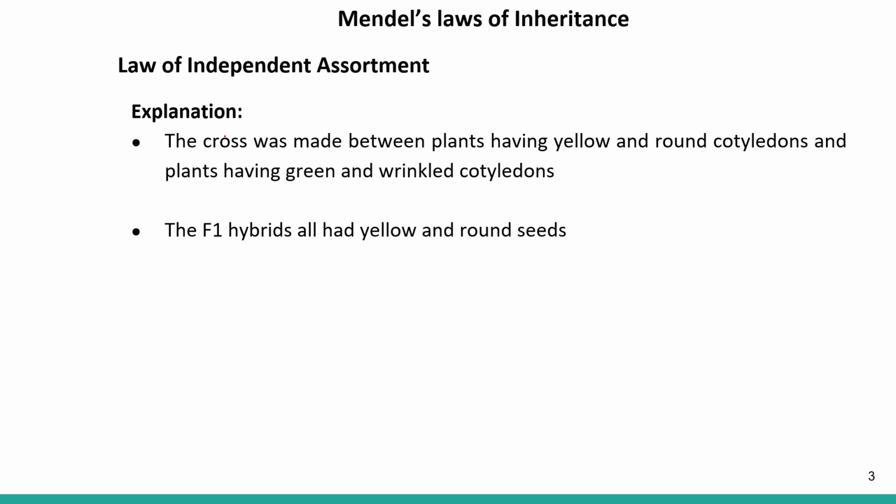Now the explanation of this: the cross was made between plants having yellow and round cotyledons and plants having green and wrinkled cotyledons. The F1 hybrids all had yellow and round seeds.